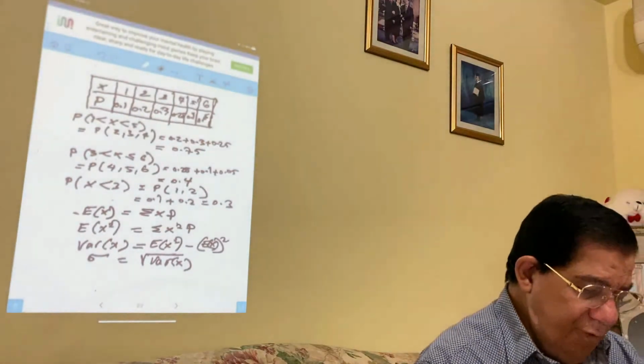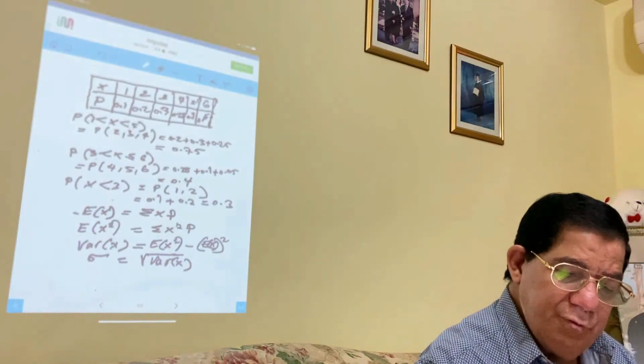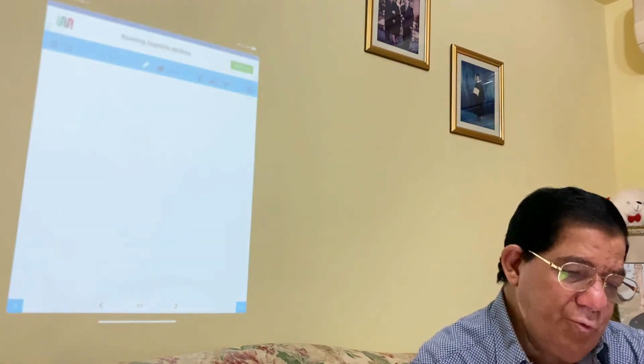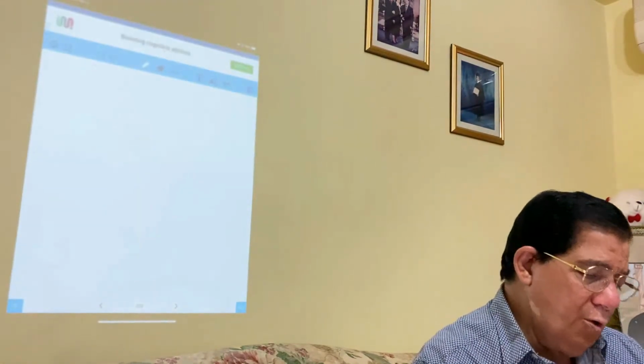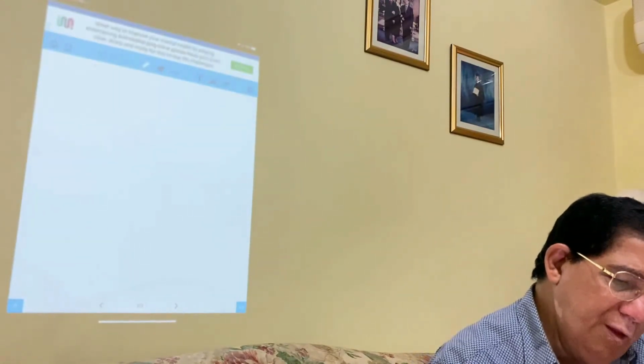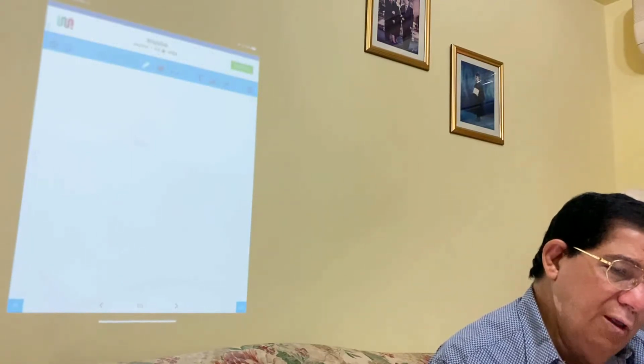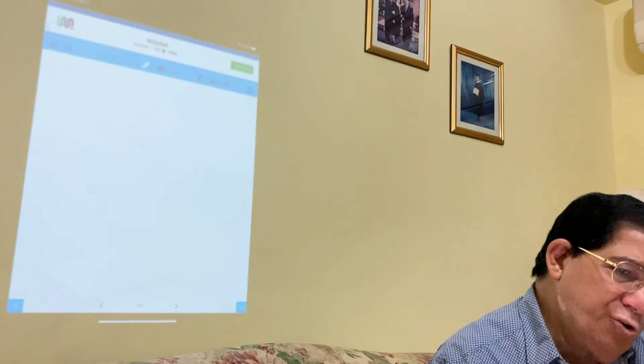We can have a question like this. This question is about what we call the cumulative function. Cumulative function means the function of x.